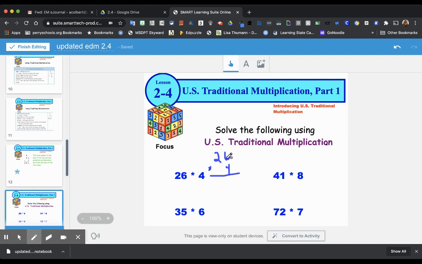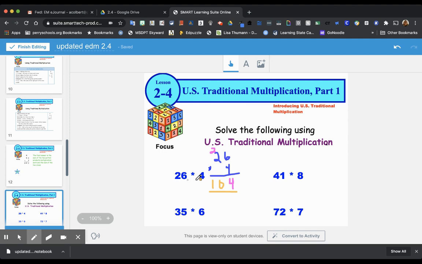I see that I have 6 ones times 4, which is 24 ones, or 2 tens and 4 ones. Then I'm moving over. I'm now going to take my 4 times my 2, and I've got 4 times 2 tens, which is 8 tens, or 4 times the 2 tens, plus 2 more. So we have 8, 9, 10. So I'm going to write those down, and we get the answer of 104.